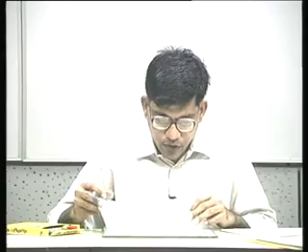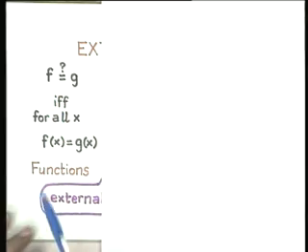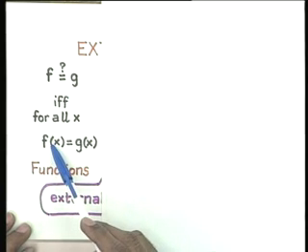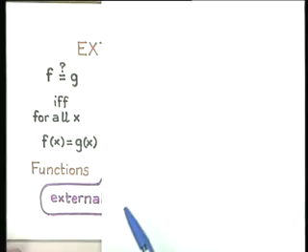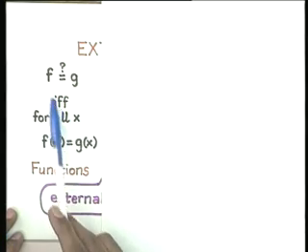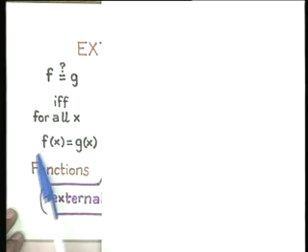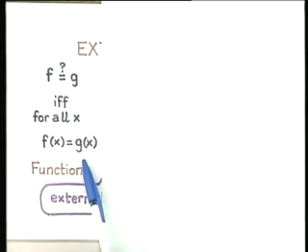So, what is extensionality? Firstly, when are two functions equal? Two functions f and g are equal. Let us for the purposes of argument assume that f and g are both unary functions. It does not matter really if they are n-ary functions, then I will just make this x a vector x. If f and g are unary functions, then f is equal to g if and only if for all values x, f of x gives the same value as g of x.